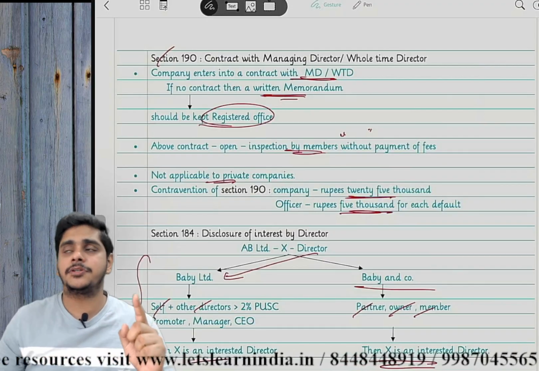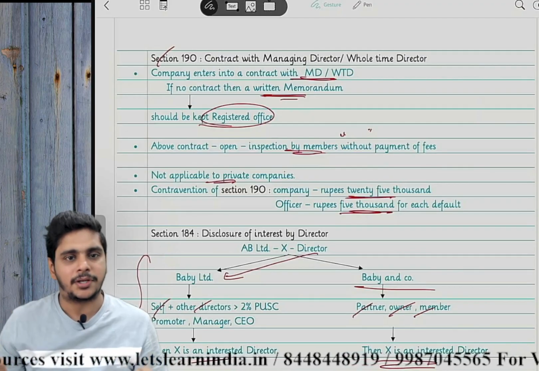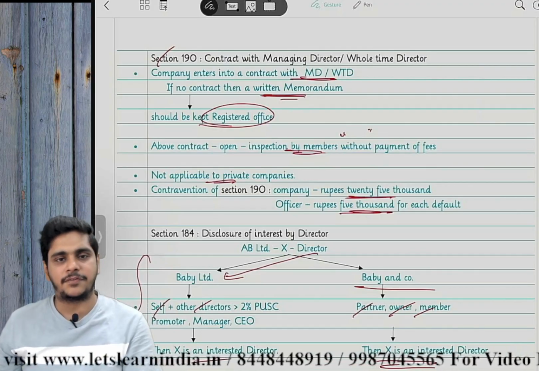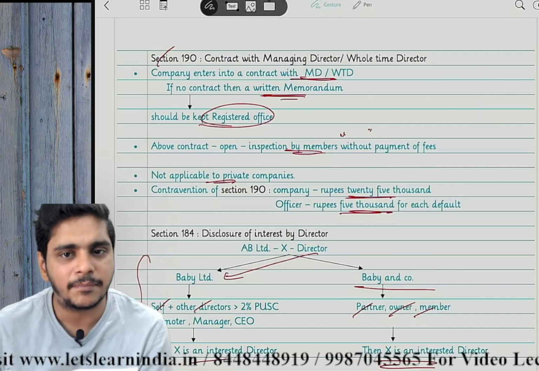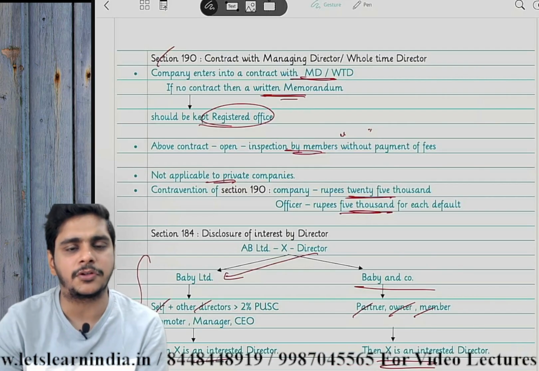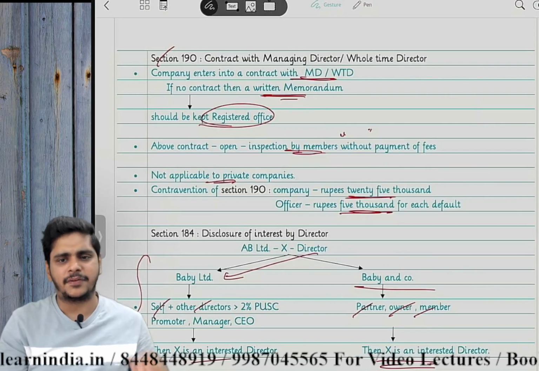So if a company enters into a contract with MD, a copy of that contract, or if the contract is not there, a written memorandum, should be kept at the registered office. It shall be open for inspection by members without any fees. Not applicable to private company. Penalty is 5,000 for the officer, 25,000 for the company. Section number 190. Very simple section.